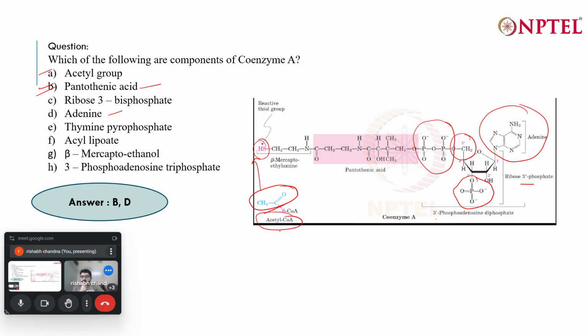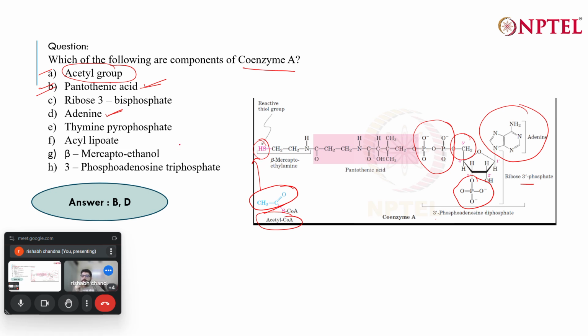From the options that we have seen, the pantothenic acid and the adenine are the components of coenzyme A. Acetyl group is a component of the acetyl coenzyme. So the other components are not involved in the coenzyme A molecule.